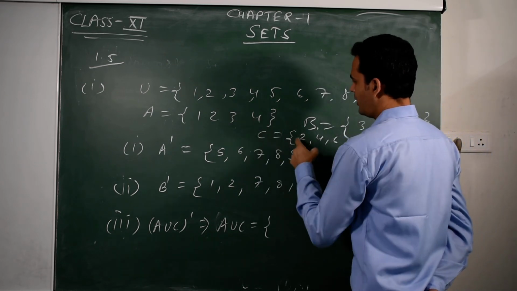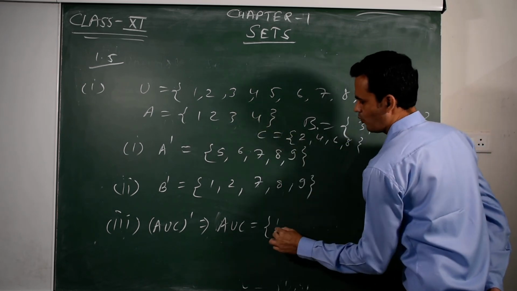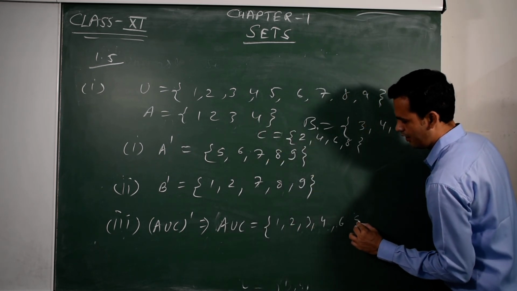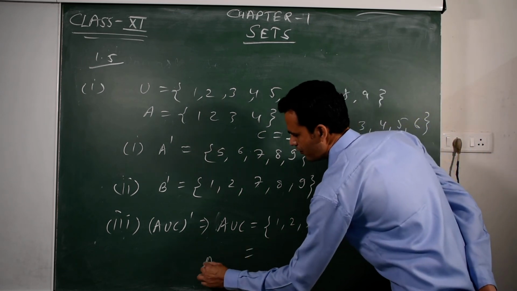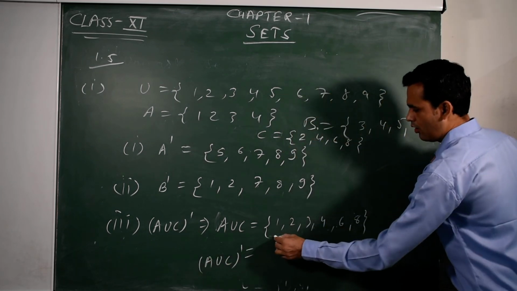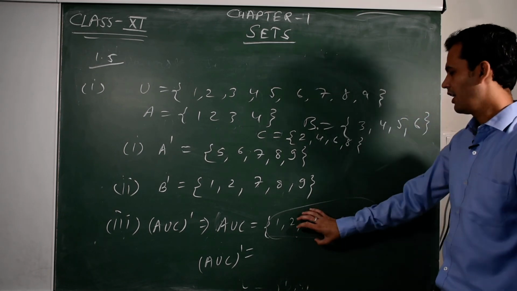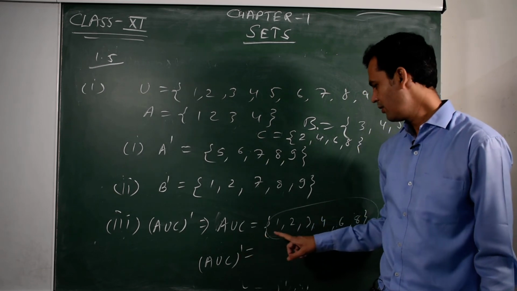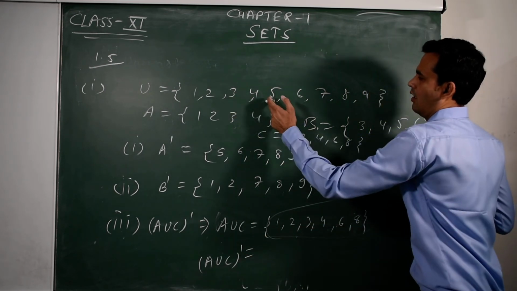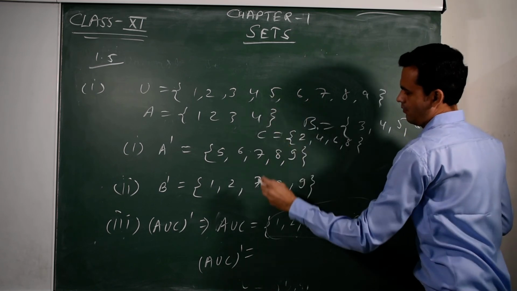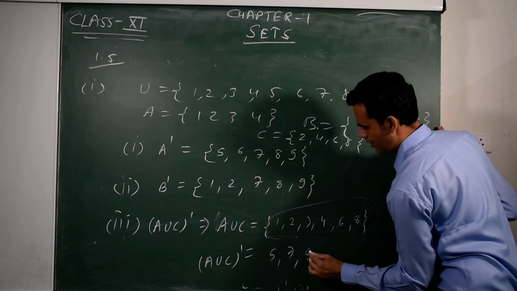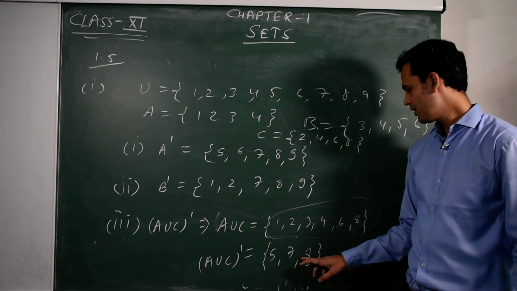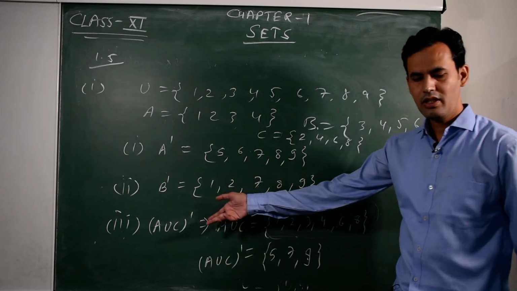So first we find A union C. So A union C is 1, 2, 3, 4, 6 and 8 and complement of this set is all elements excluding these 6 elements. So 1, 2, 3, 4, 6, 8. Other remaining elements are 5, 7, 9. Okay, this set 5, 7 and 9 is A union C complement.